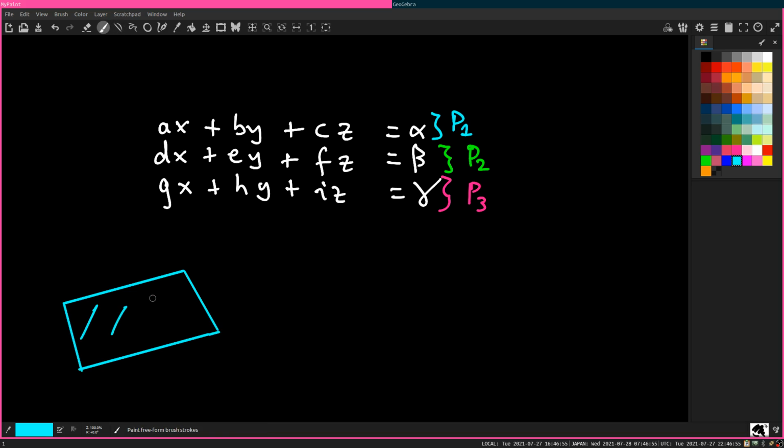Okay. The second equation is describing another plane. How should I draw this? And then I'm going to make it really small.